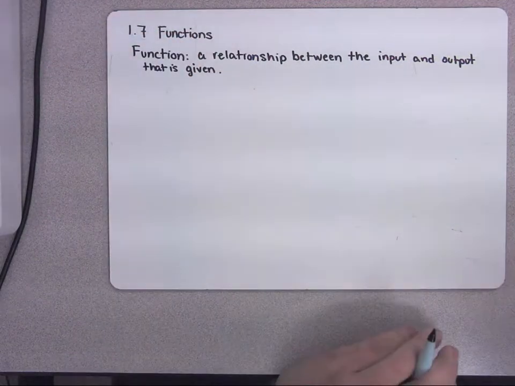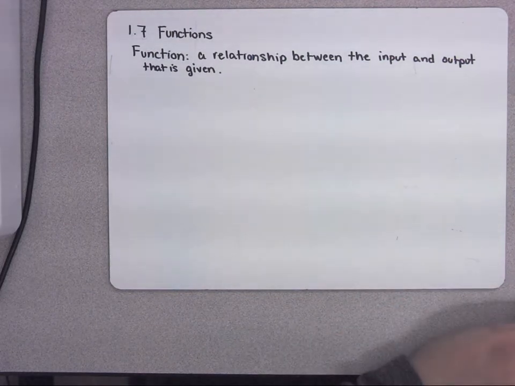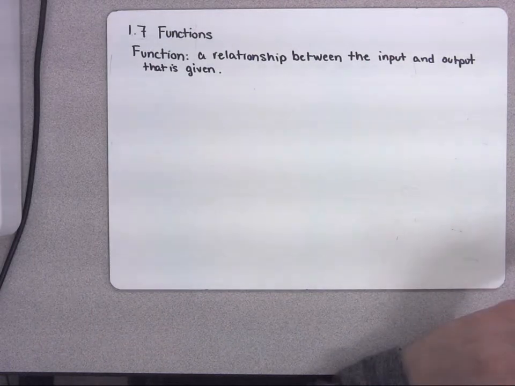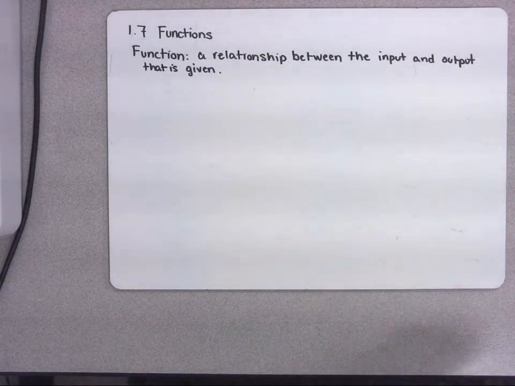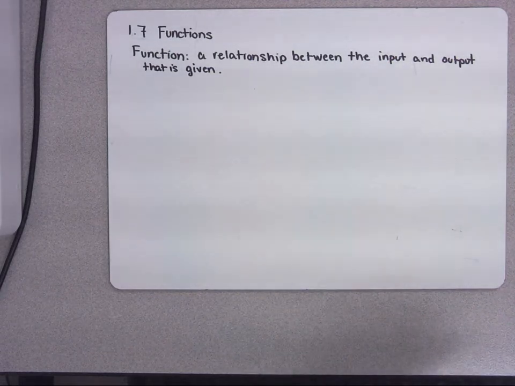Period. Right? We talked about input and output yesterday, and they use those words in independent, dependent variables. It really just means between the x and the y, or the domain and the range. We use all those words as each other. Okay?